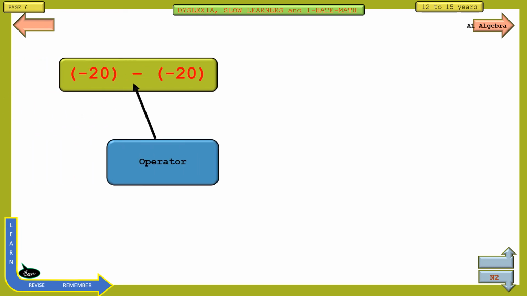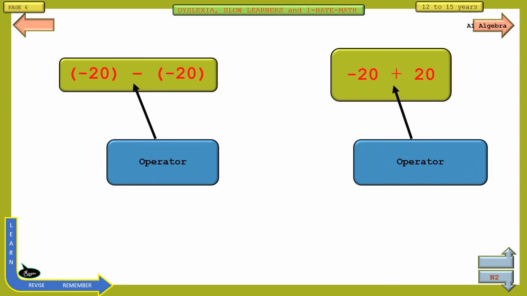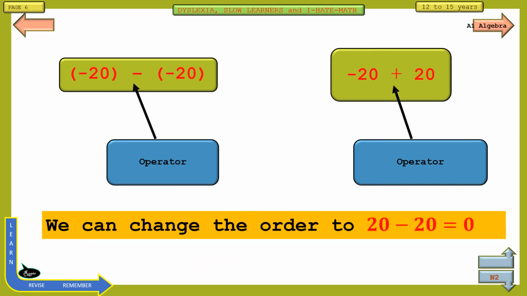Here is the mathematical term from the previous slide. Minus 20 minus minus 20. As I said, two minuses make a plus. So now we can rewrite this as minus 20 plus 20. We can also change the order of the numbers, and it becomes 20 minus 20, which equals 0.